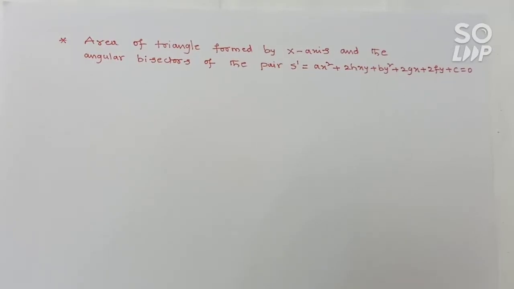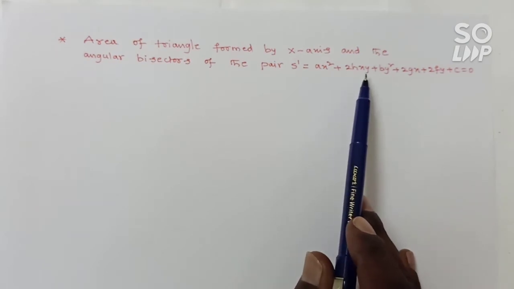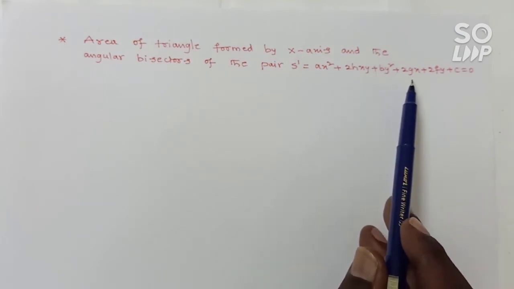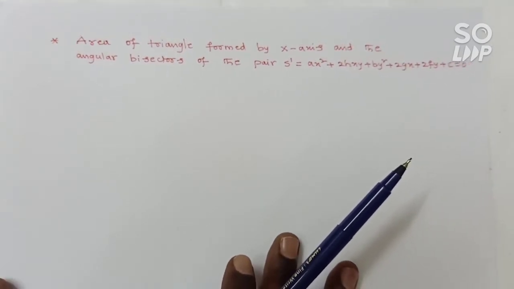Okay, dear students, in this video we are going to discuss the area of the triangle formed by the coordinate axes and the pair of angular bisectors of the equation ax² + 2hxy + by² + 2gx + 2fy + c = 0.